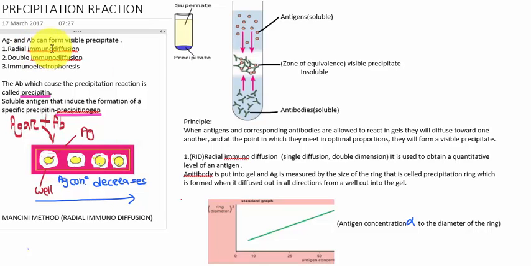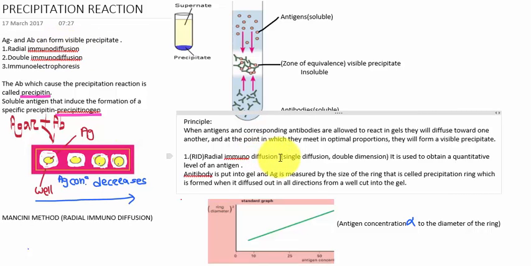The immuno means we have already learnt about the immuno word in the type 3 hypersensitivity reaction. Immuno means the complex found between the antigens and antibodies. And diffusion, we know that there is a movement. So the radial immunodiffusion, it is a type of single diffusion, but it occurs in the double dimension.